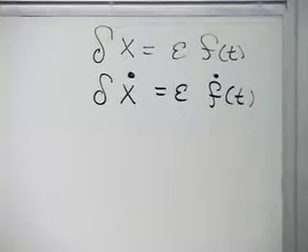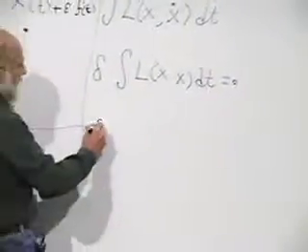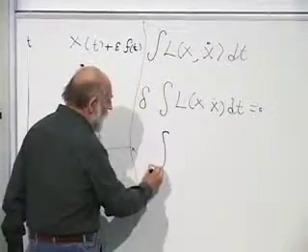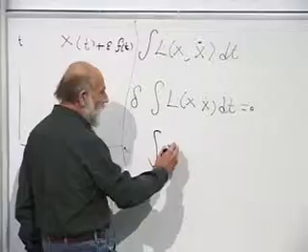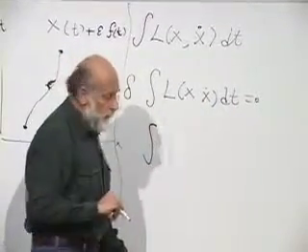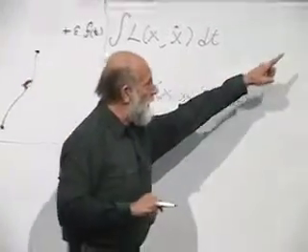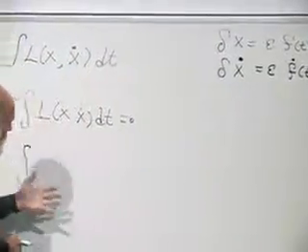All right, so this is easy to work out. We just write that the change in the action is equal to the change in the Lagrangian integrated with respect to time. But what's the change in the Lagrangian if we change x and x dot a little bit? Well, that's easy.